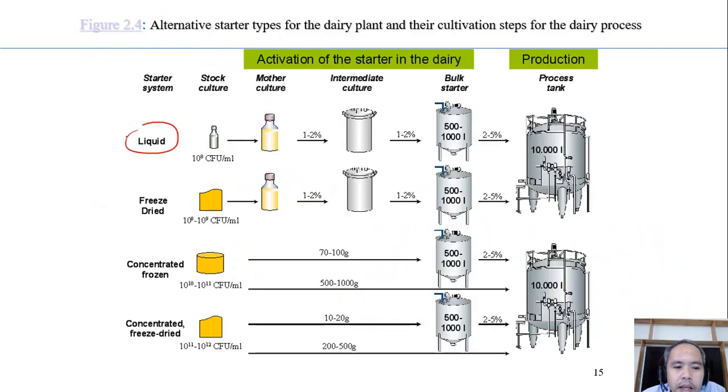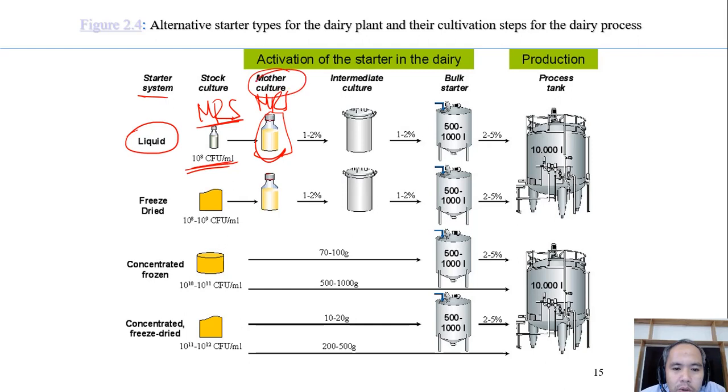So if we use a liquid form of starter culture, then we need to activate it in a liquid medium. You use MRS medium, for example, a good nutrient solution for them to grow. You use that medium to activate them and grow them into a higher number and larger volume.